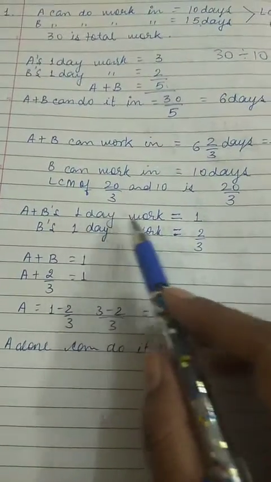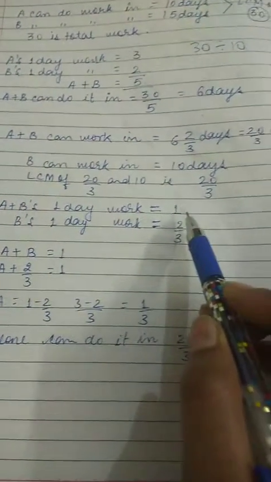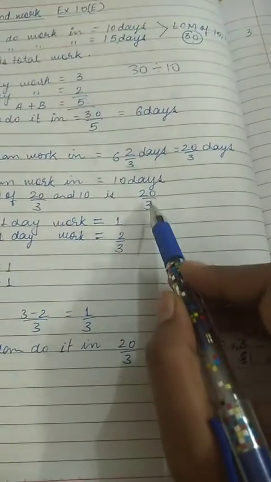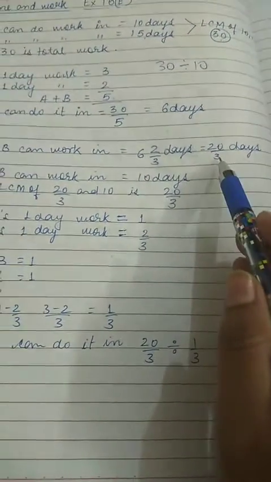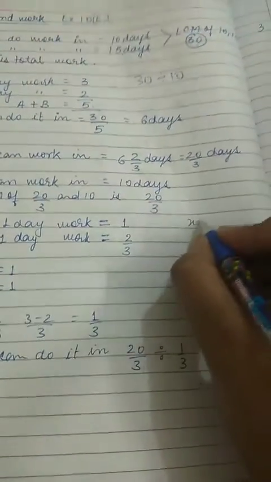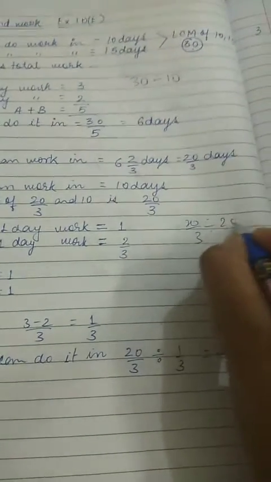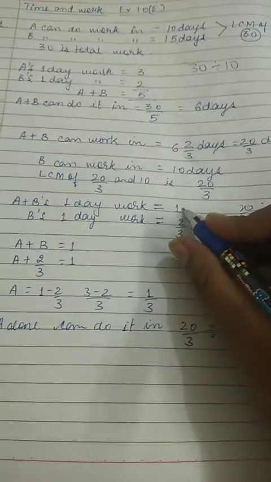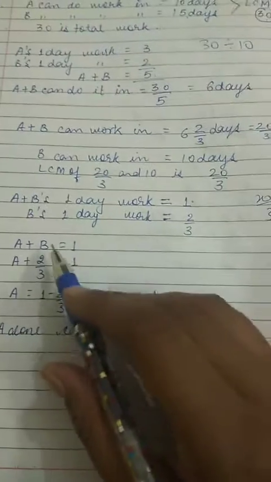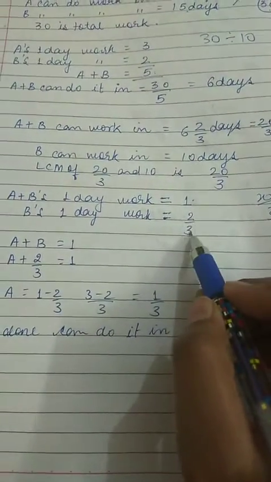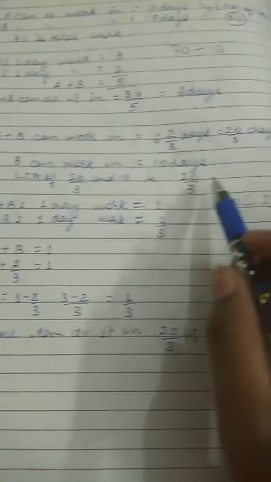So A plus B's 1 day work is 1. How did we get 1? We have just divided 20 by 3 upon 20 by 3. So we got 1 here. And next, B's 1 day work is 2 by 3. How did we get 2 by 3?